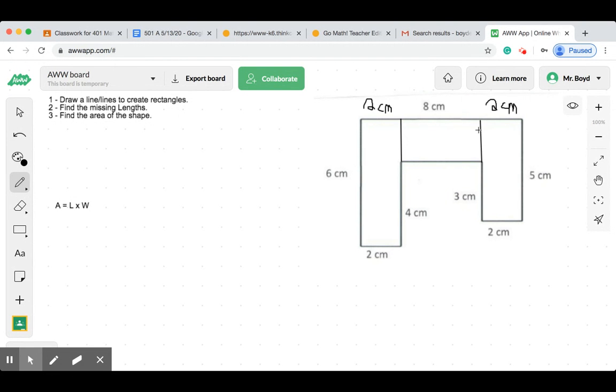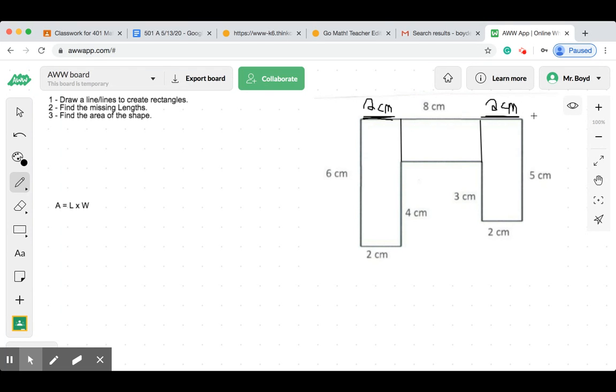So now if I look over here, this part right here, I just said 2 centimeters is represented right here using opposite sides. Now I know this entire length is already labeled as 8 centimeters. So I need to figure out what is the missing value right here. Well, if I know this is 2 centimeters and this is 2 centimeters, if I add them together, I get 4 centimeters.